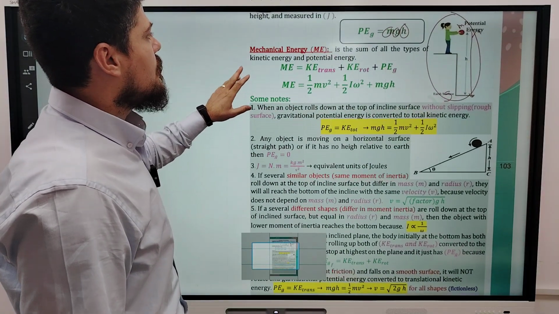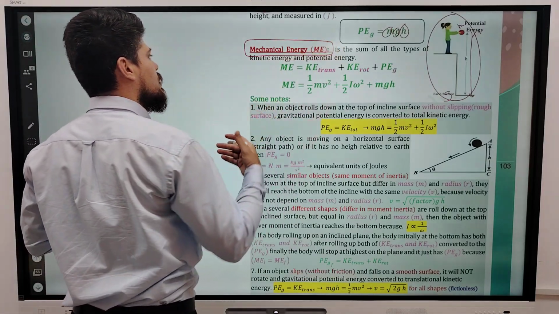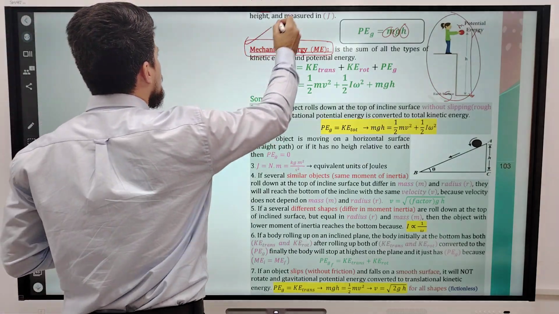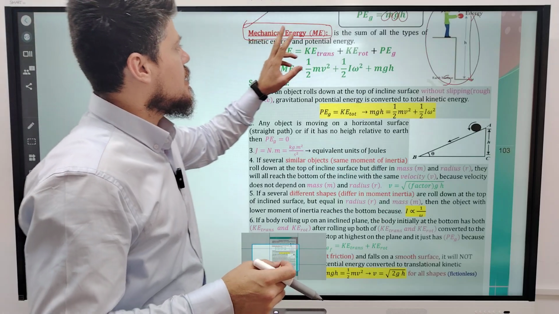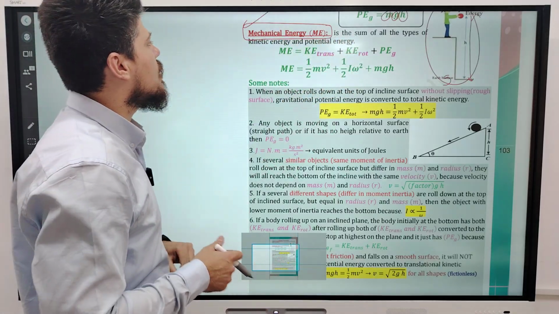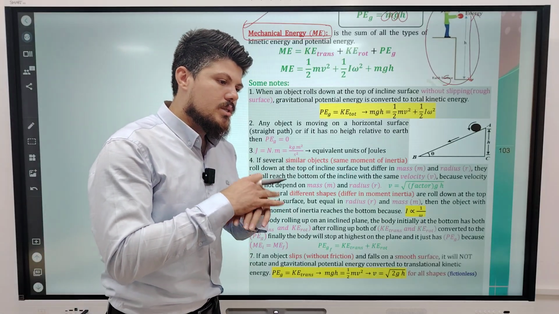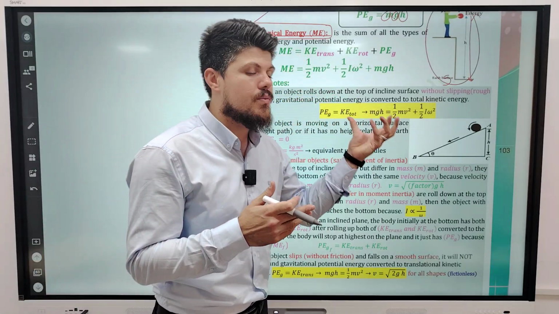Mechanical energy. What is mechanical energy? There is a difference between total kinetic energy and mechanical energy. The definition of mechanical energy is very important and it has appeared in the exam. Please pay attention. It is the sum of all types of kinetic energy and potential energy. Why did he say all types of kinetic energy?